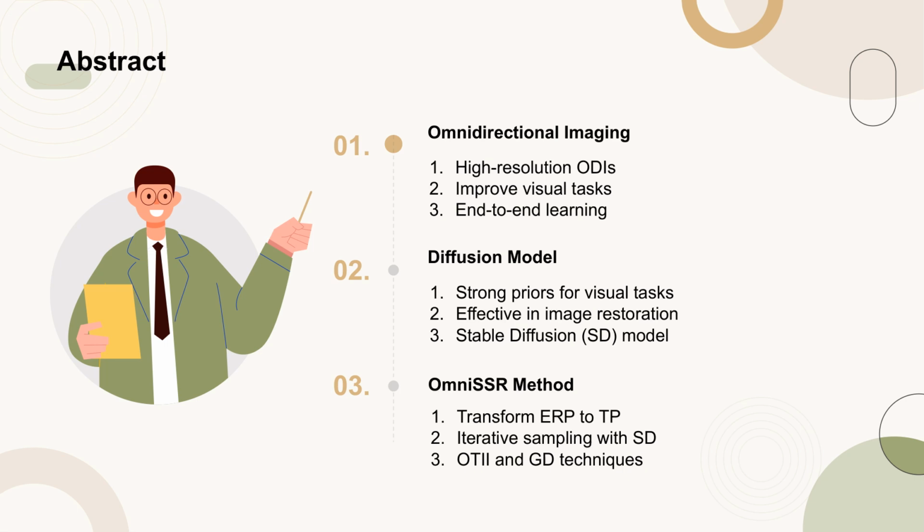Specifically, the Stable Diffusion (SD) model is leveraged to achieve omnidirectional image super-resolution with both fidelity and realness, termed as OmniSSR. The method involves transforming equirectangular projection (ERP) images into tangent projection (TP) images, using SD for iterative sampling, and applying the octadecaplex tangent information interaction (OTI) and gradient decomposition (GD) techniques to ensure better consistency.